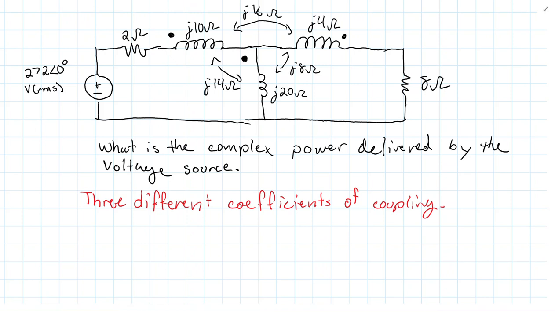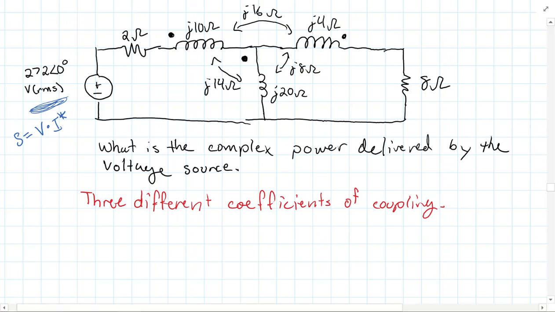Now, people want to look at this and make it a lot more complicated than it really is. Not that it's trivial, but there's not as much going on here as you might think. I'm asked to find the power developed by this voltage source. Because I have RMS voltage, I know that the complex power is simply voltage times the conjugate of the current.